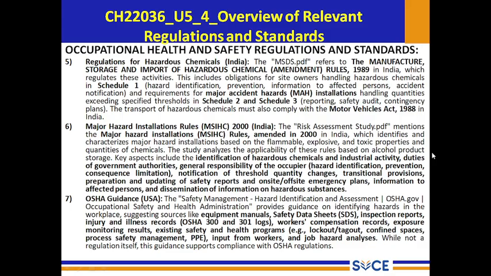OSHA, Occupational Safety and Health Administration, gives guidance on identifying the specific hazard in the workplace, suggesting the source like equipment manual, safety data sheet, inspection reports, injury and illness record, which also covers lockout, tagout, confined spaces, process safety management, personal protective equipments, input from workers with job.